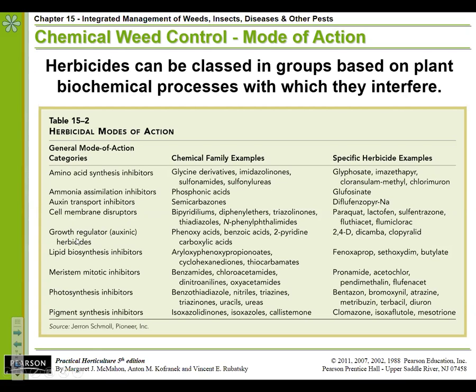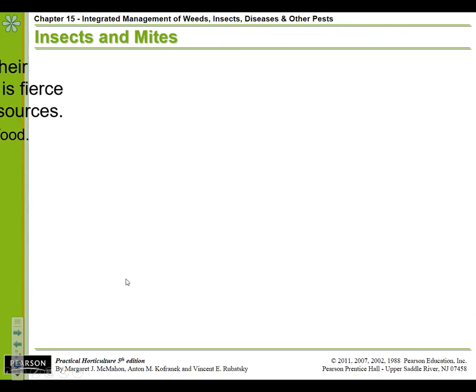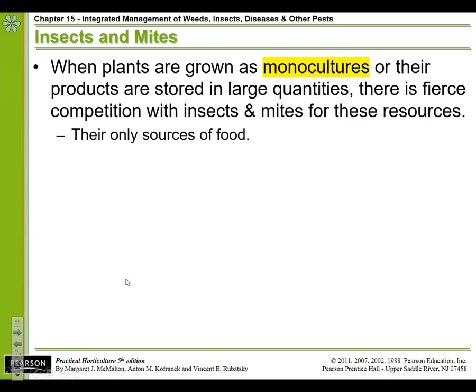Some of these are growth regulators, which inhibit the production of auxin, or in some cases concentrate too much auxin, so the plant basically has too much growth in one particular area and starves itself. Some just inhibit photosynthesis. So the mode of action is also important to look at.